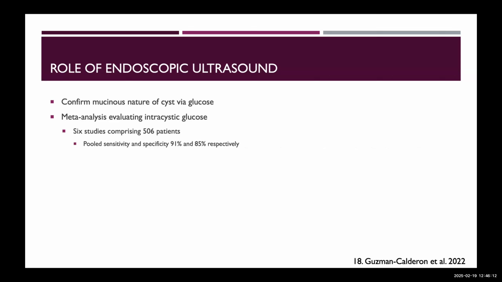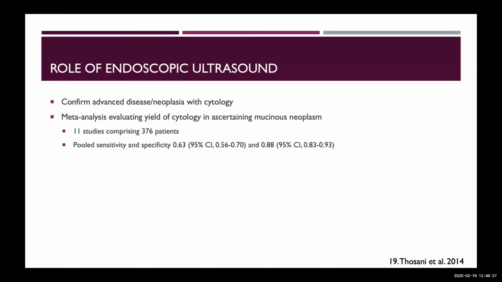We can also confirm mucinous nature via intracystic glucose levels. There are more and more studies demonstrating that if we collect glucose from the cyst itself, there's high sensitivity and specificity for ruling in and ruling out cystic lesions. I've adopted this in my practice because it's no different from what we would usually do for an EUS, FNA, and cyst fluid aspiration.